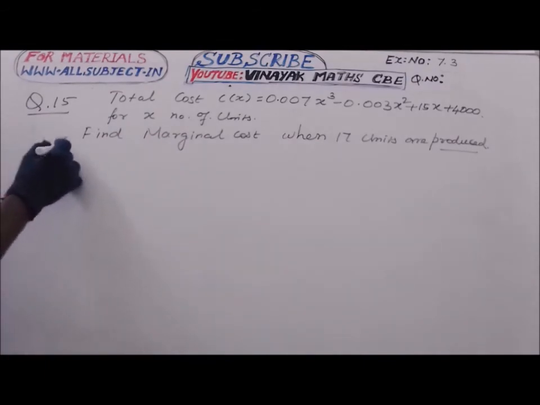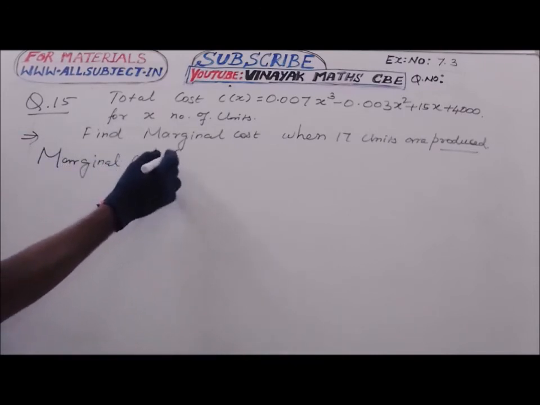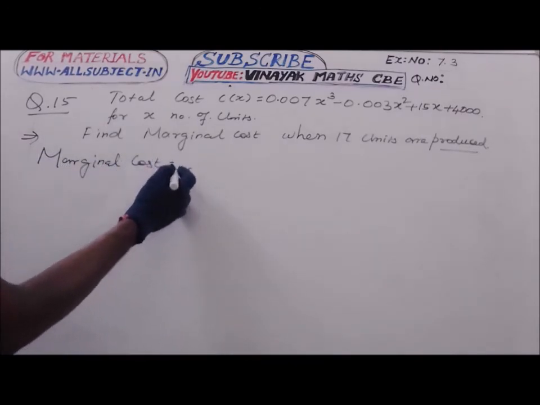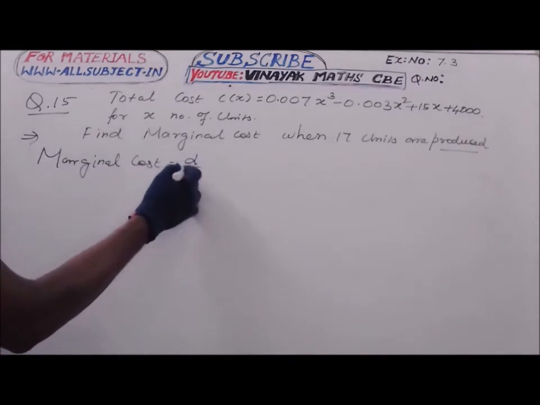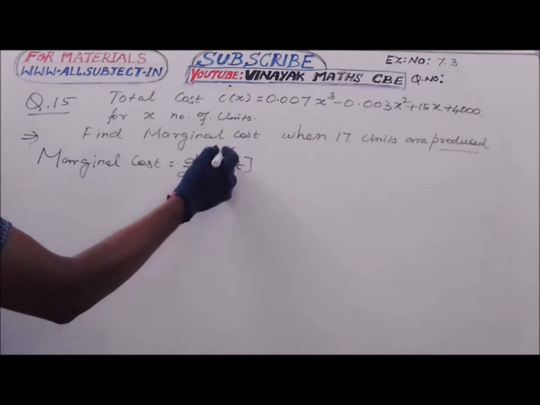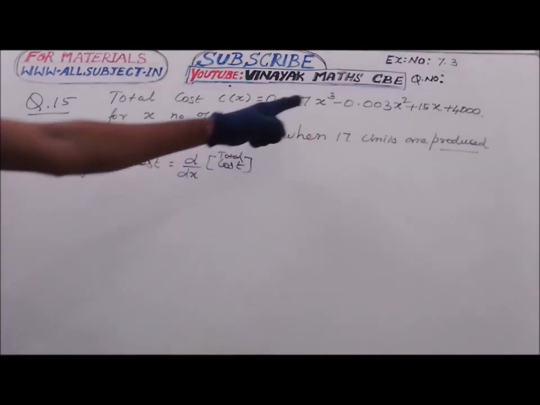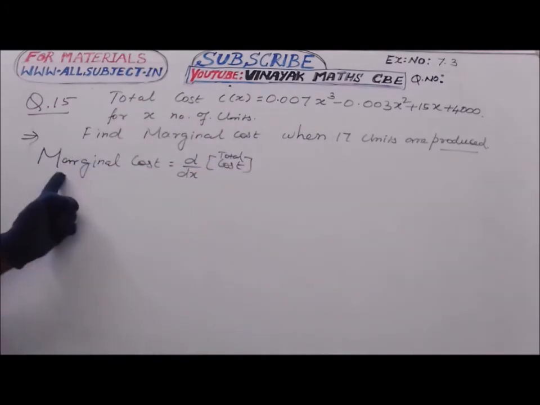The marginal cost is nothing but d by dx of cost. When we differentiate the total cost function with respect to x, we'll get the marginal cost.